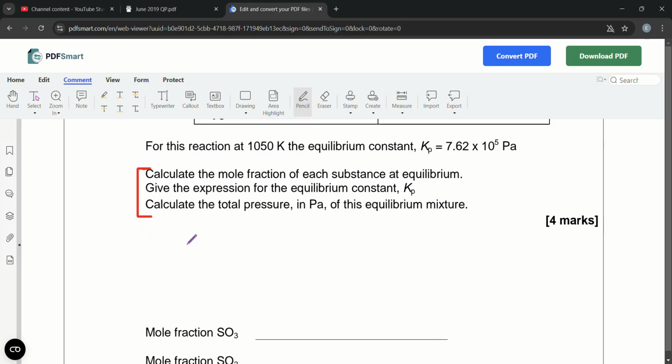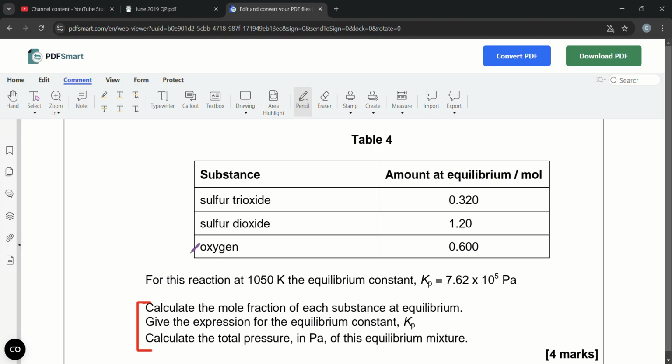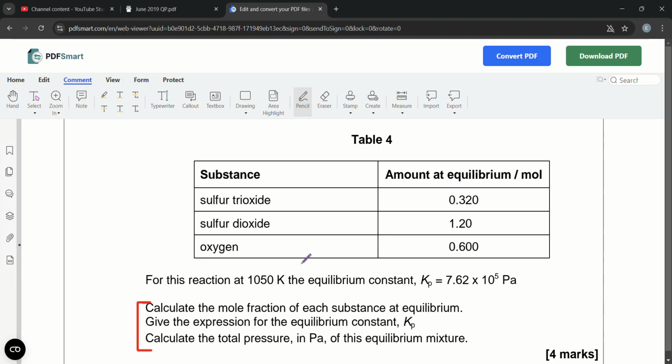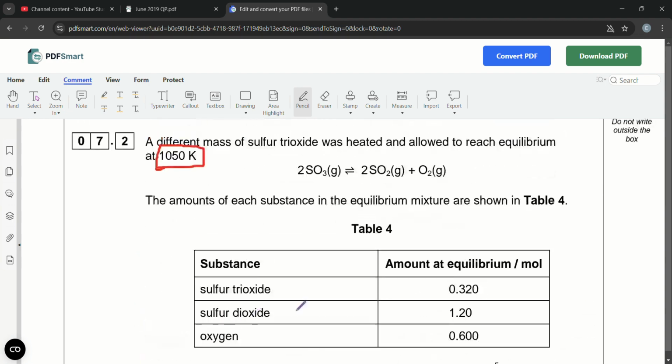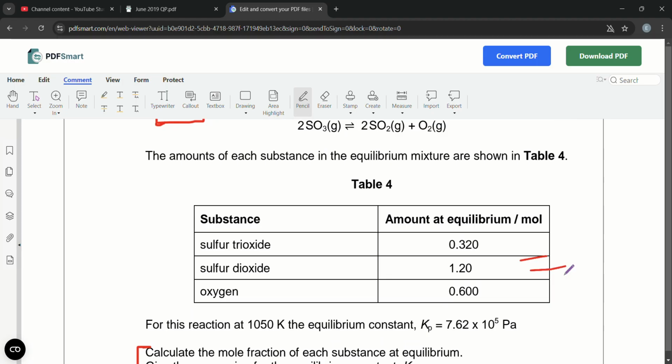First things first, we want to calculate the mole fraction of each substance at equilibrium. That's pretty easy. The mole fraction of sulfur trioxide is 0.320 over the total moles. What is the total moles? Well, it's 0.320 plus 1.20 plus 0.600, which is 2.12.